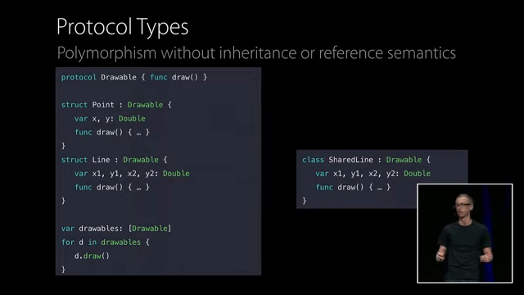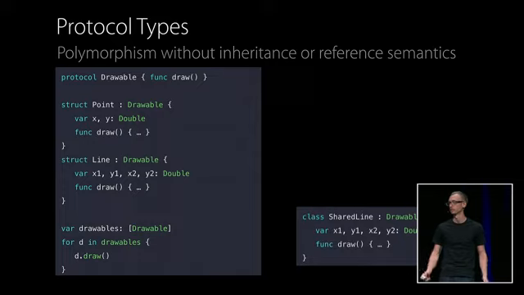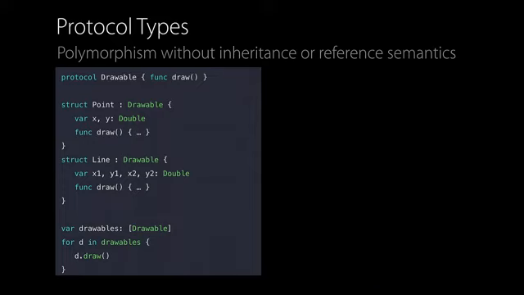However, we decided, because of the unintended sharing that the reference semantics that come with classes bring with them, not to do that. So let's drop it. Our program was still polymorphic. We could store both values of type Point and of type Line in our array of Drawable protocol type.